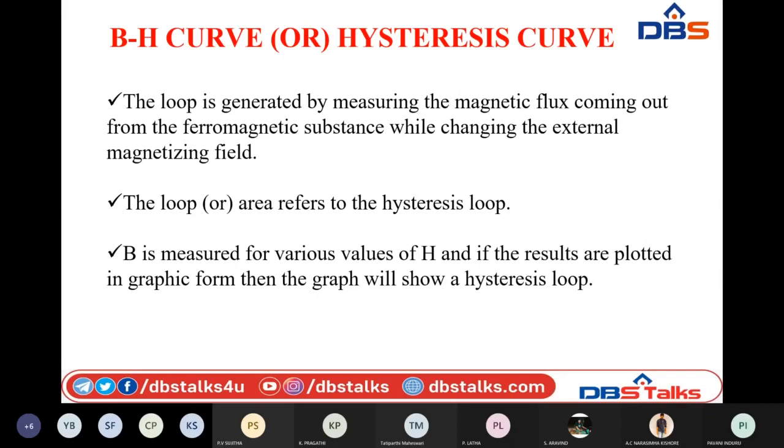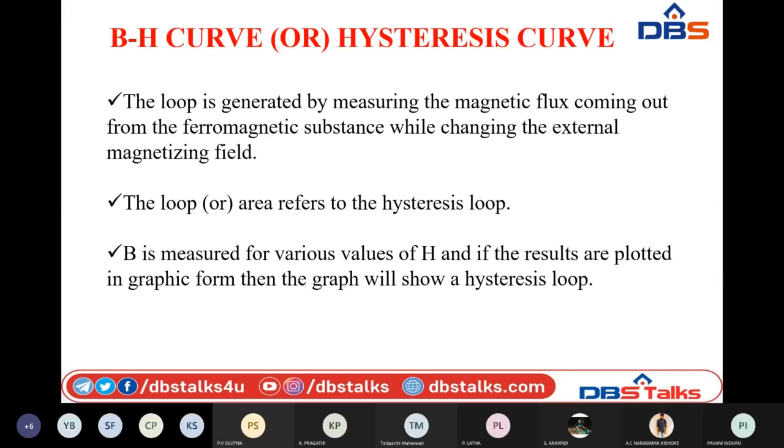That means we change the value of the magnetizing force and observe the resulting flux, which gives the magnetic flux density B.